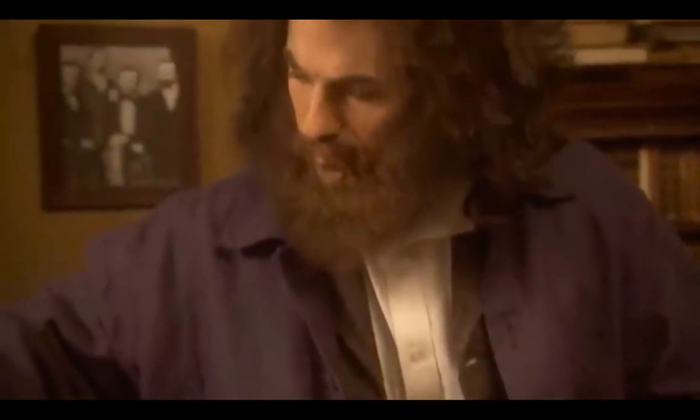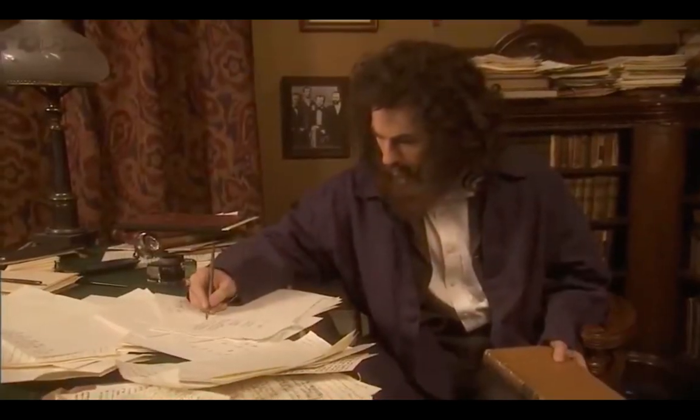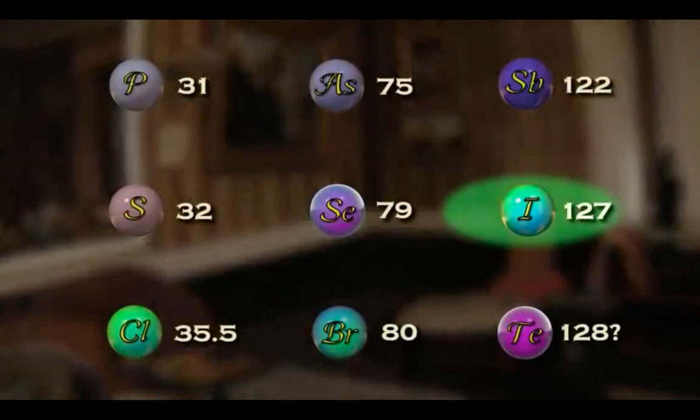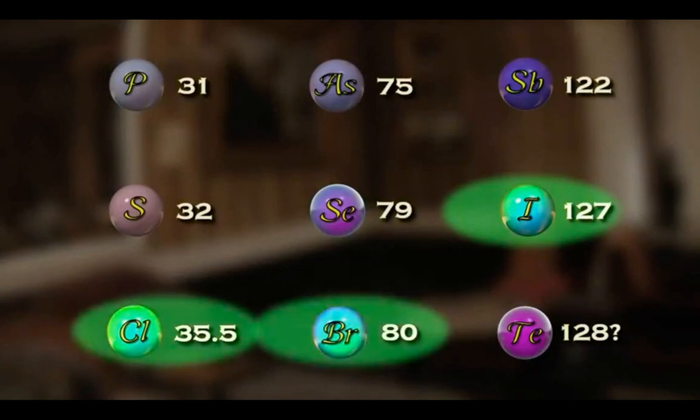The elements involved were iodine and tellurium. Iodine's a little lighter than tellurium, so it should come first. But Mendeleev looks at that and says, well, if I put iodine first, it's in the wrong family. It's actually a halogen, which is the next row down. If he stuck to that weight rule, it would put an element outside of the family it obviously belonged in.